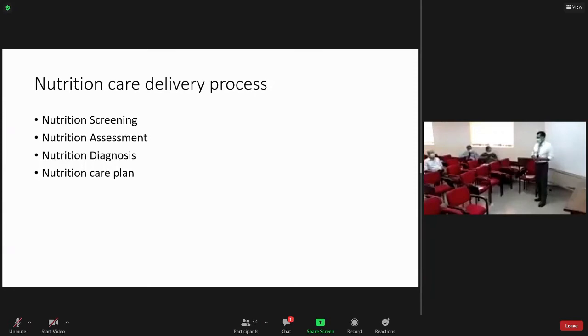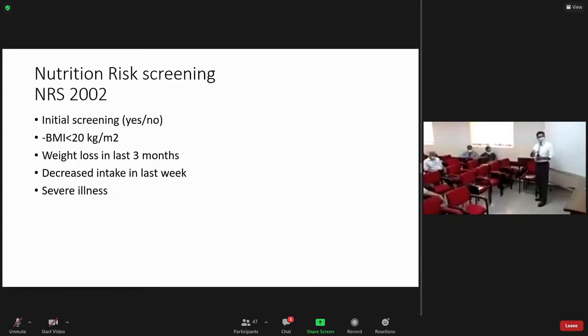The commonly used tool is NRS 2002, Nutrition Risk Score. Then we go for nutritional assessment, which contains many steps that I will discuss. Next step is nutritional diagnosis, and then we plan the nutrition care and implementation.